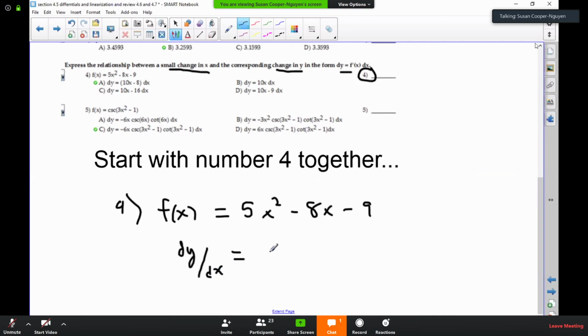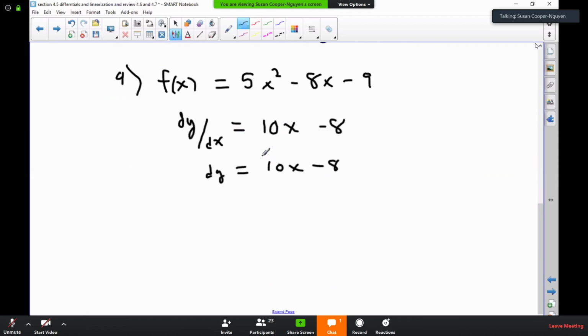We know the derivative is 10x minus 8. Now, all this is saying is if I want not dy dx, but just plain old dy, dy is just 10x minus 8 times dx.